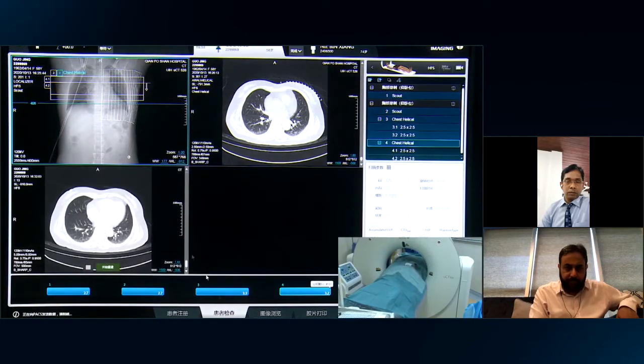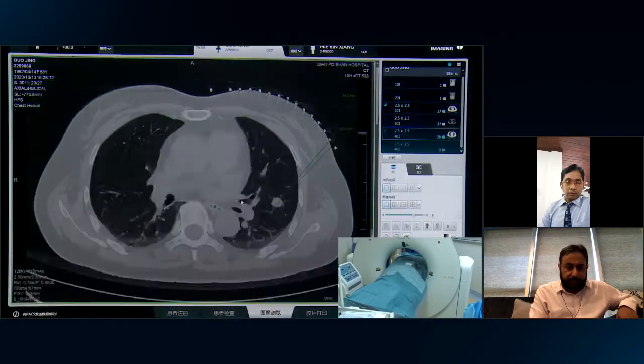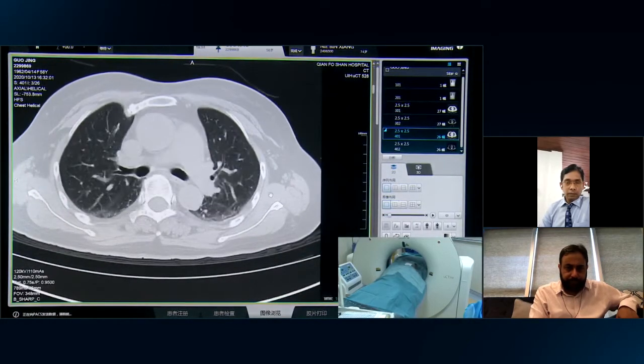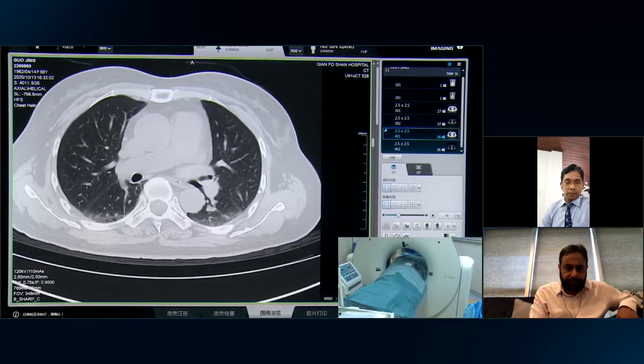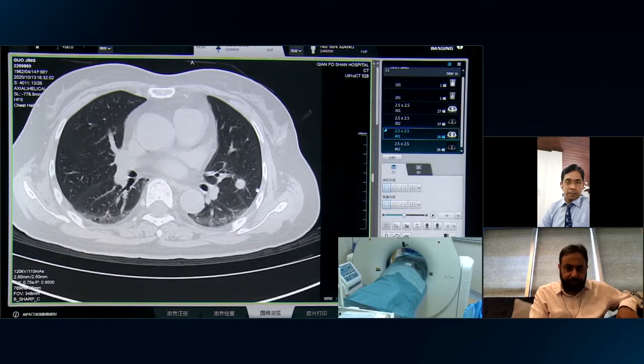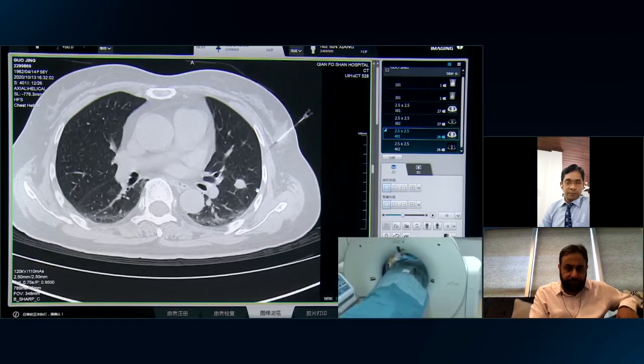So this is a step of local anesthesia. We can see the needle tip. It's in good position.